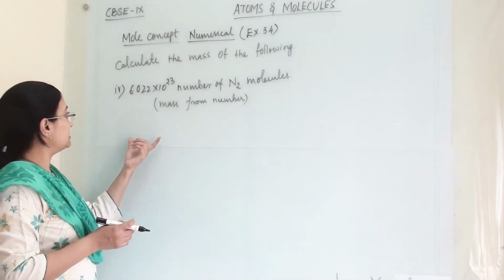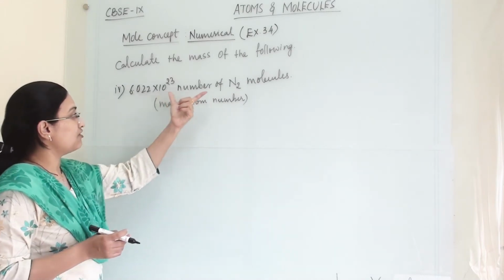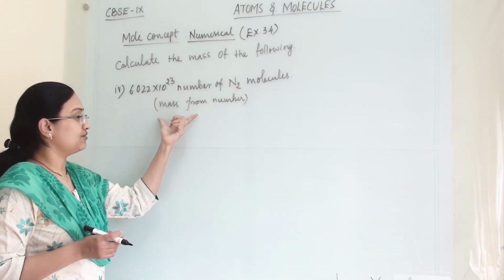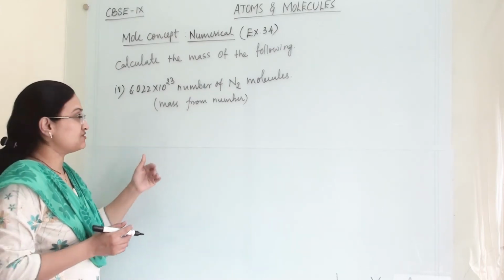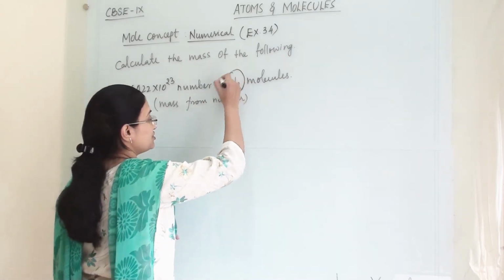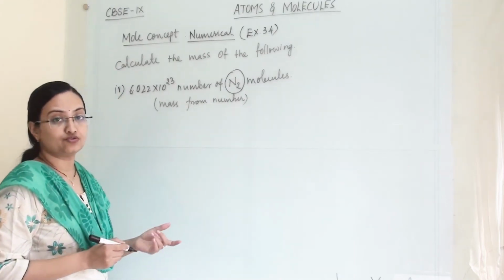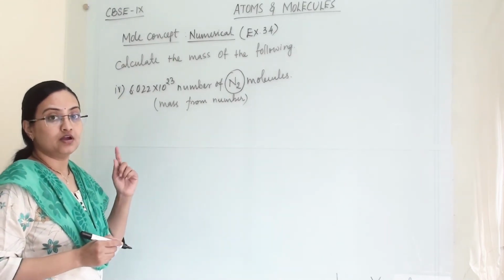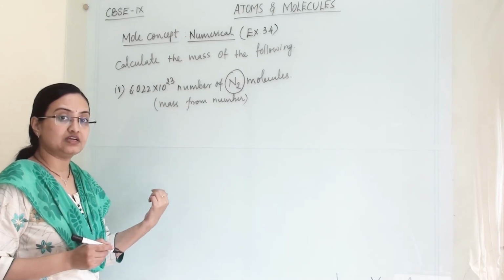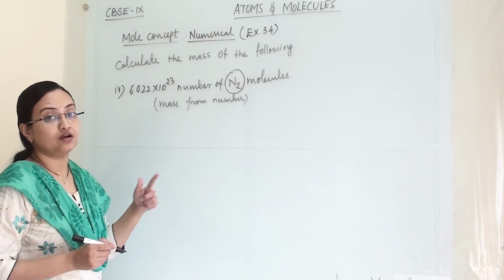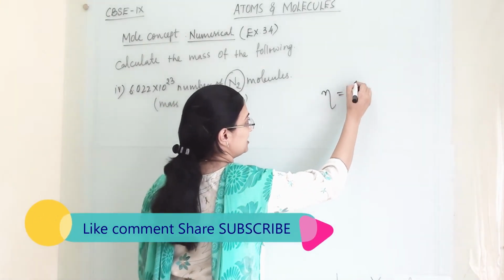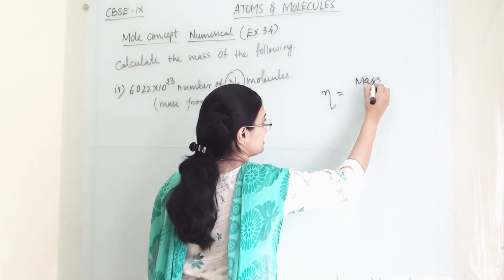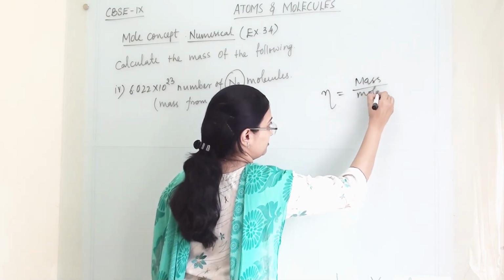Our next numerical is, from this many number of nitrogen molecules we have to find out the mass. It is the same as the previous one. Earlier it was nitrogen atom, now we have nitrogen molecule. So whatever atomic mass we have taken earlier, now we have to take the molecular weight. So the process will remain same. Our formula is n equals mass divided by molar mass.